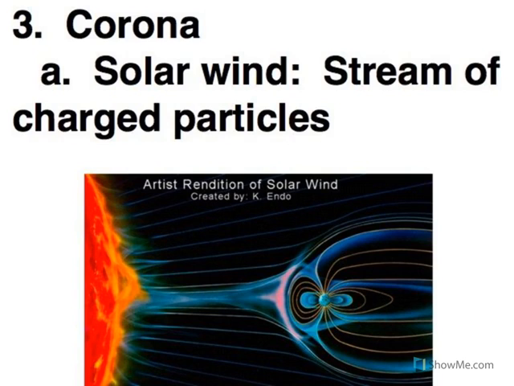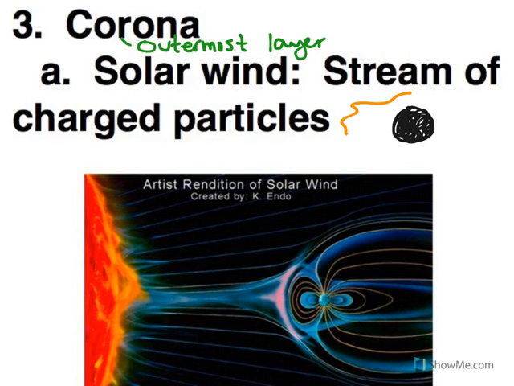The corona is the outermost layer. And again, in the case of a solar eclipse, this is the dramatic part that you can see in a solar eclipse, where you see what looks like streams of material coming out from the sun.